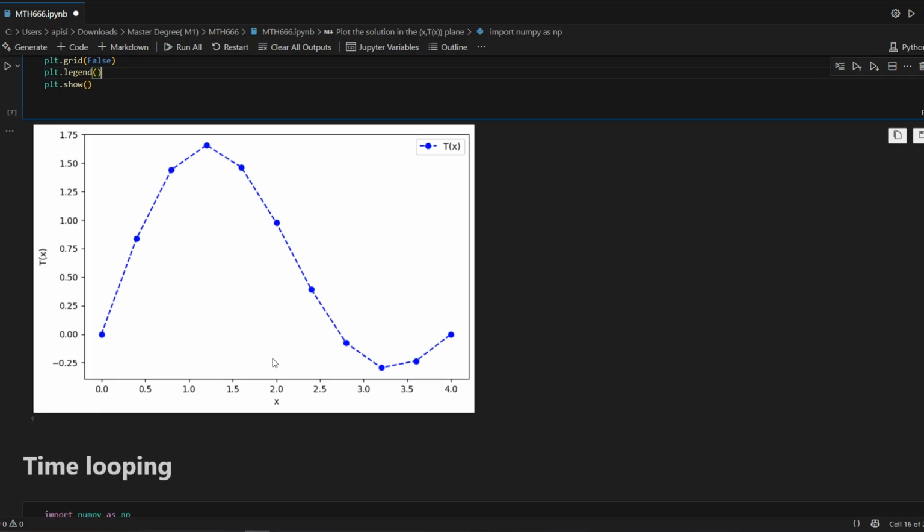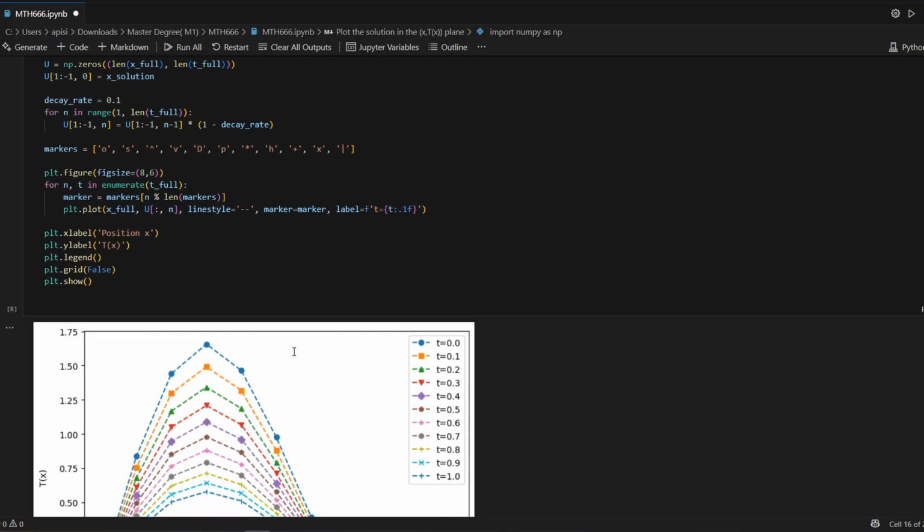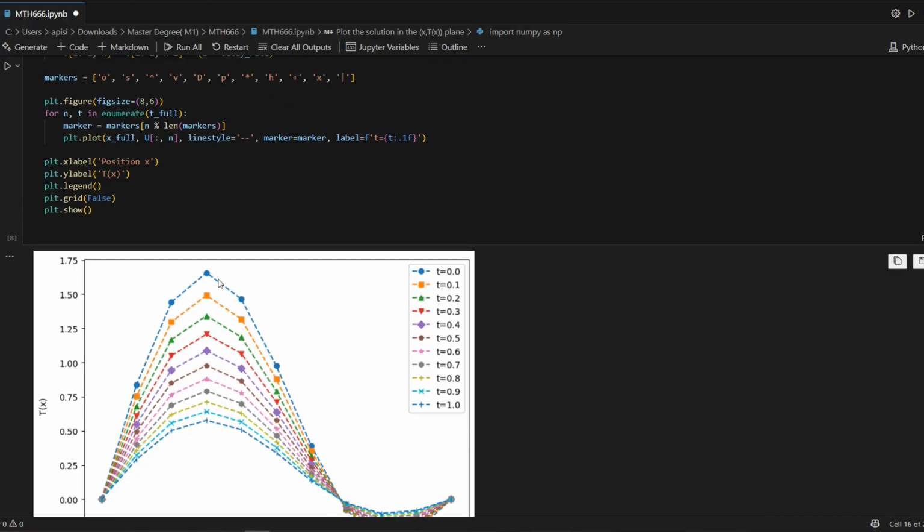We can see the graph from t equals 0 to t equals 1.0, increasing with the time step 0.1, and the temperature goes from high to low, with the maximum temperature at time zero and the minimum at 1.0.